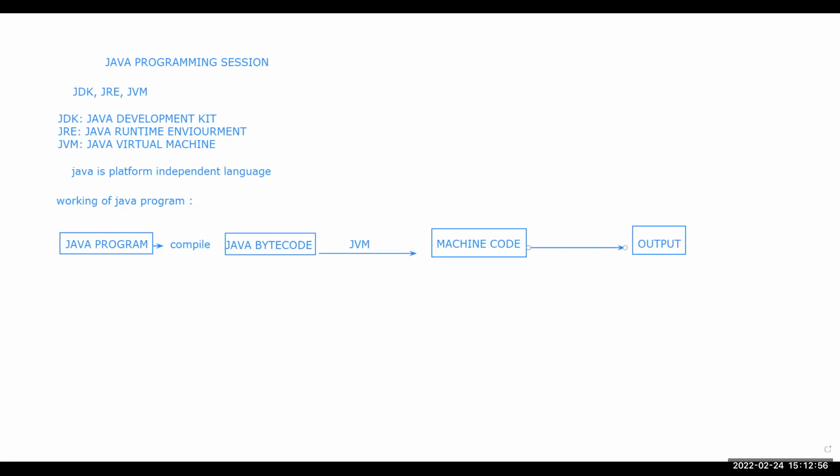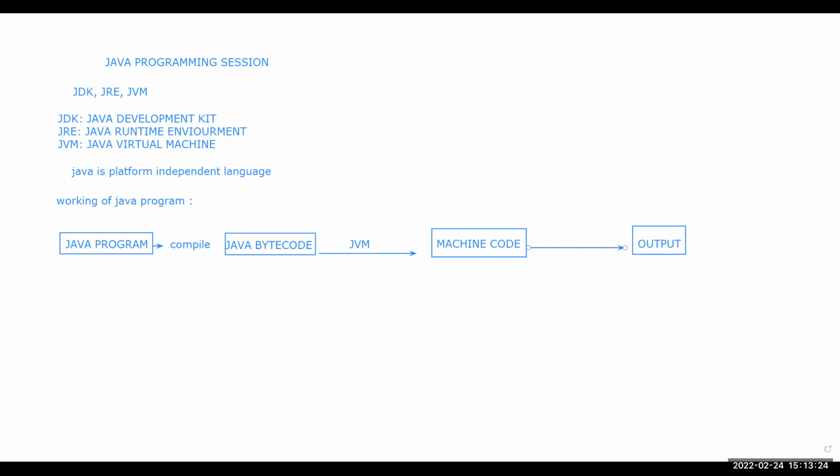After the JVM, there is the JRE, the Java Runtime Environment, right? This Java Runtime Environment is a software package. There are many software tools we can work with, such as Eclipse and BlueJ, on which we can run Java programs.